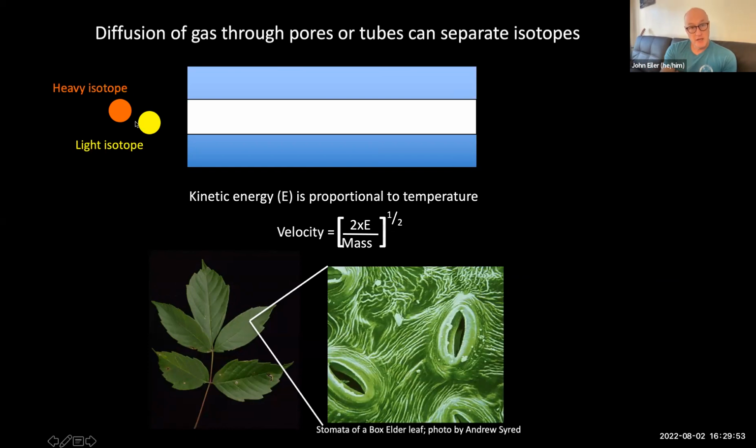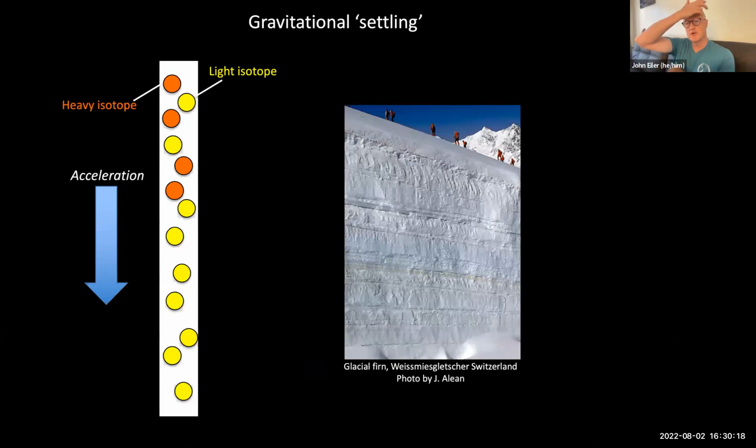Well, the velocity of these molecules is proportional to their kinetic energy, just through Newton's laws. The kinetic energy is proportional only to temperature. So at a given temperature, the light molecule is moving faster because it has a lower mass than the heavy molecule, and so it more easily penetrates through pores. This is an important part of the photosynthetic isotopic fractionation.